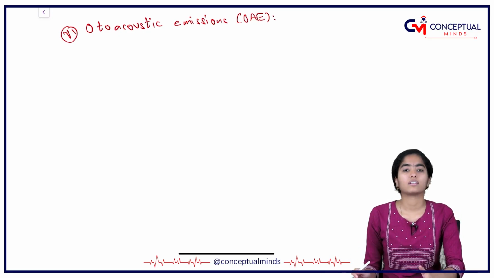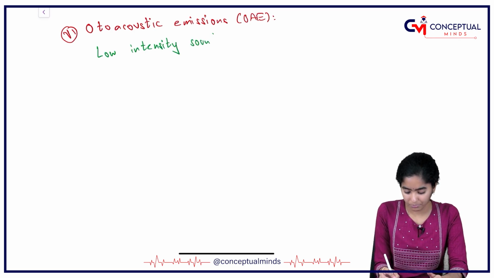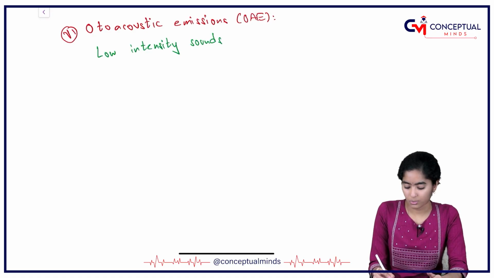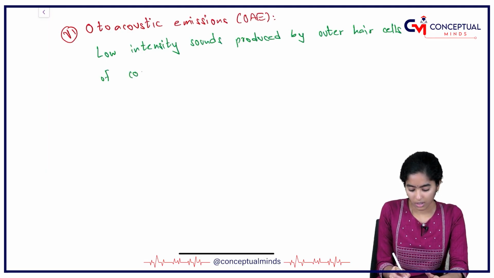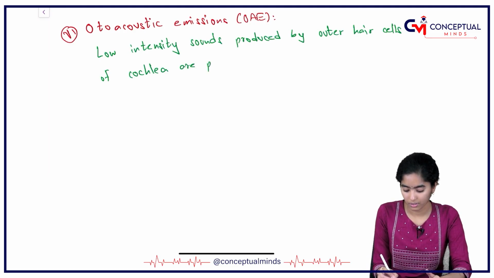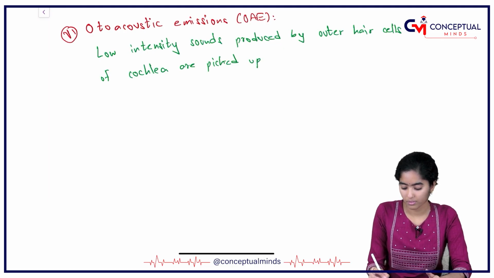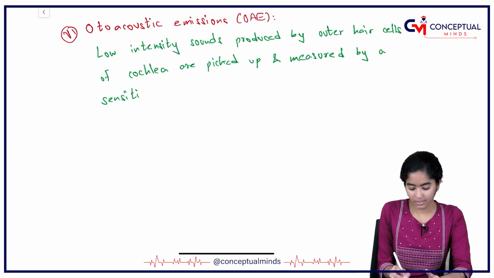So in this test, the low intensity sounds, they're of very low intensity, produced by outer hair cells of cochlea are picked up, and they are measured by a very sensitive microphone that is placed in the external auditory canal.